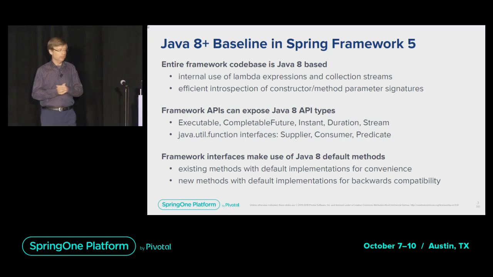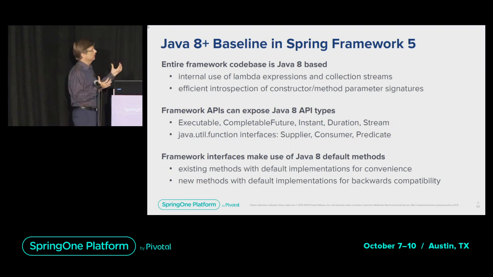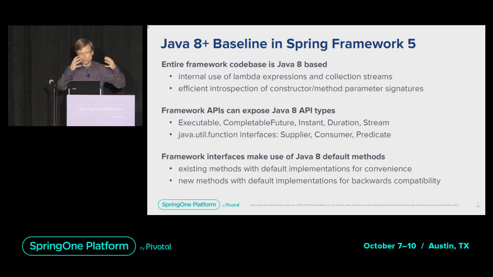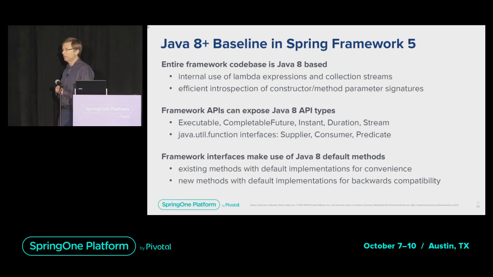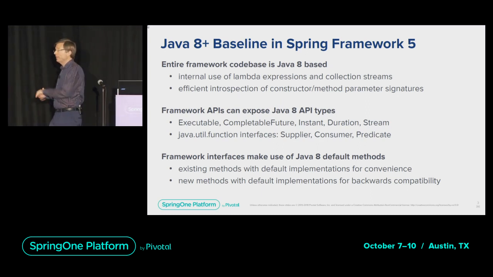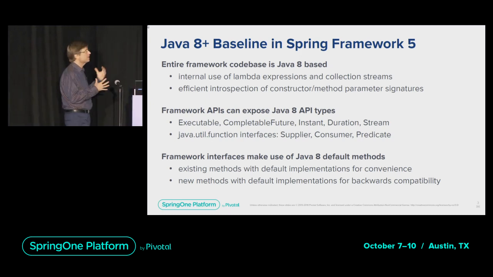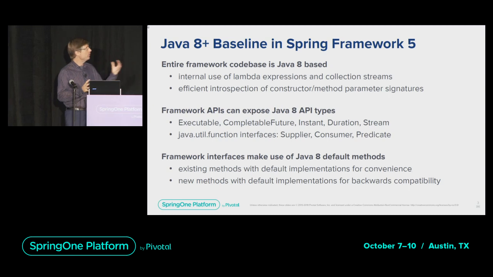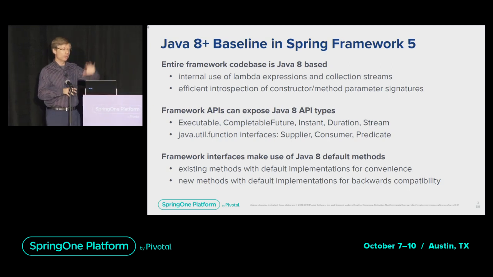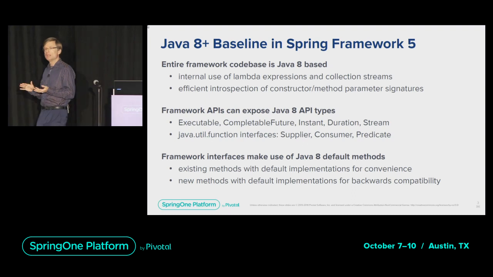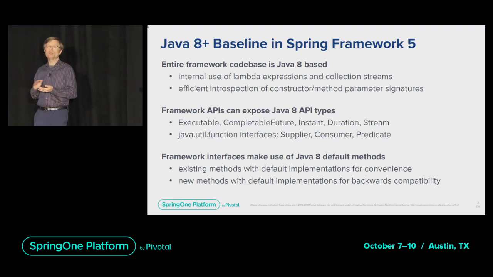We are finally able to take the entire API surface and the entire code base down to all of its internals onto Java 8+. Frankly, from an inside perspective, this is just one of the biggest steps we've ever taken. This revision that we've been doing here, and it connects to the next theme in just a moment, literally touched almost every source file. It is one of the deepest and broadest revisions to the core framework code base that we've ever done.